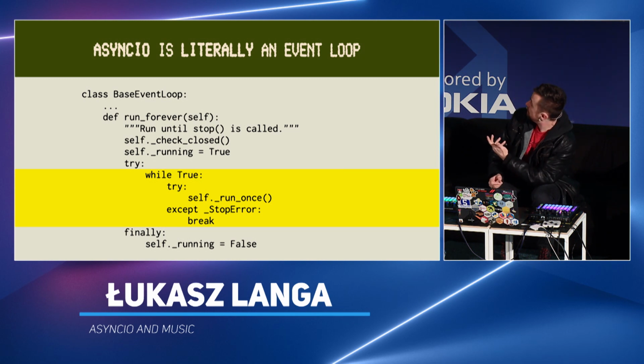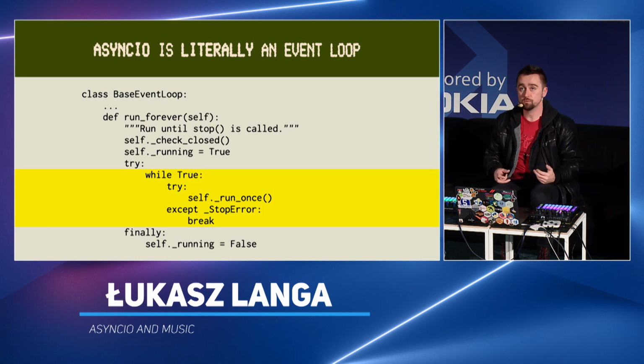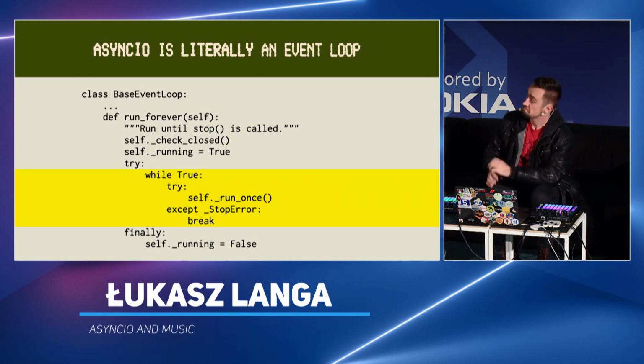But the thing that it does inside is just trying to run things once and maybe just break if there is any kind of stop error, which might be you giving up on the program and pressing Control-C, or there might be some exception that was not handled, or any other event that makes us actually not run forever.